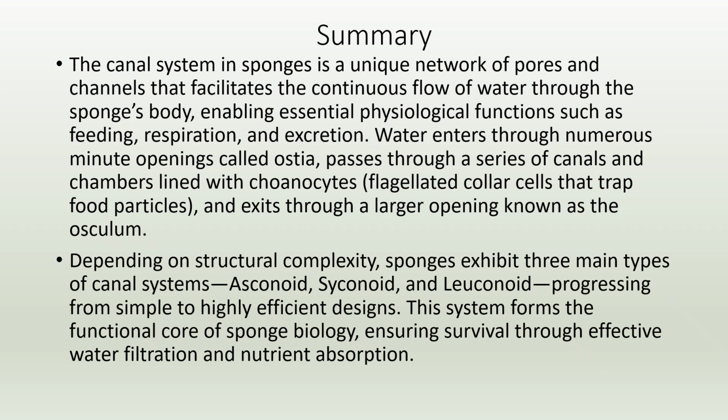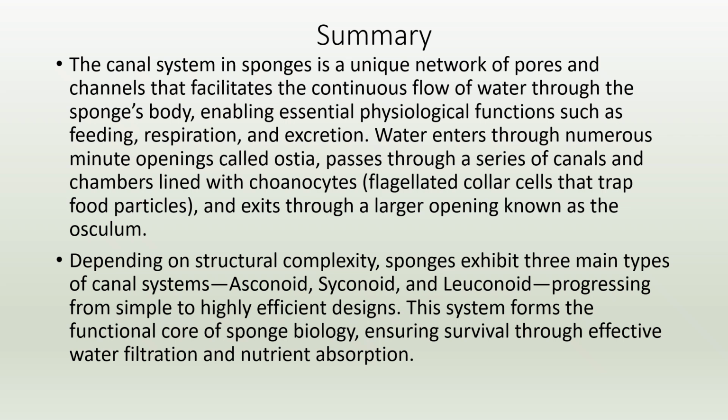So let's summarize. The canal system in sponges is a unique network of pores and channels that facilitates the continuous flow of water through the sponge's body, enabling essential physiological functions such as feeding, respiration, and excretion. Water enters through the numerous minute openings called ostia. They pass through a series of canals and chambers lined with flagellated collar cells that trap the food particles and exit through a large opening known as the osculum.